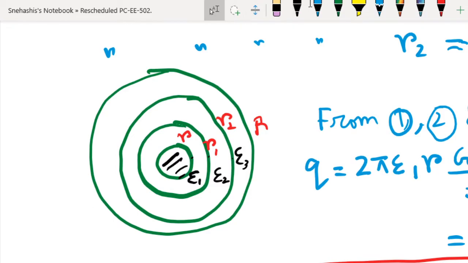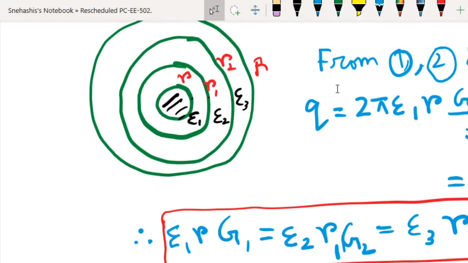Now if you can remember this relation, then go with the diagram.